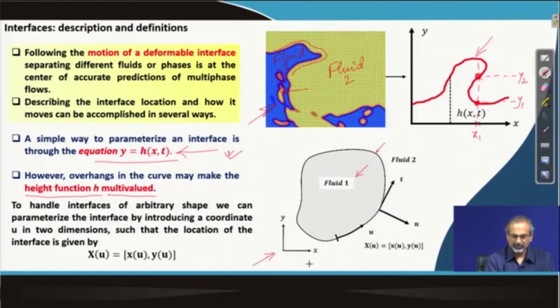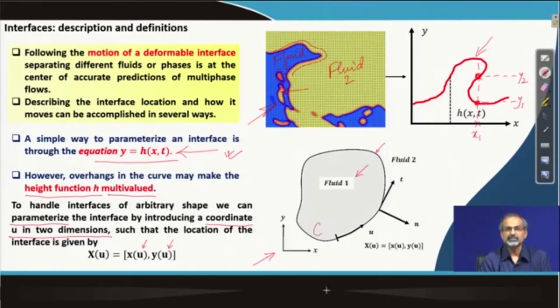But if you have a parametric approach, you can handle the interface better, because in that case, let us say the interface is handled by introducing a coordinate u in 2 dimensions, such that any location on the interface becomes a function of u. U is like a running coordinate, which is moving along the periphery of the curve.